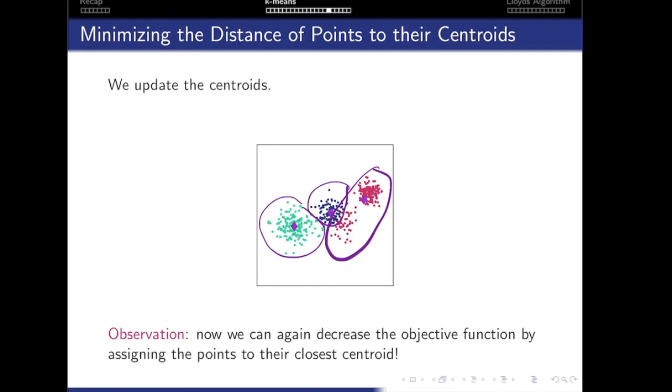And now we could again decrease the objective function by assigning the points to the closest centroid, right? So there we are now again at the beginning. And this is how we go on and go on and go on. So we solve these subproblems of assigning the points to their closest centroids, and then we compute the centroids, and then we repeat this procedure again and again and again.